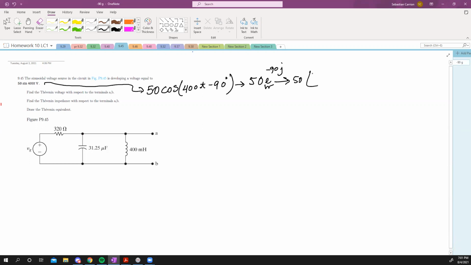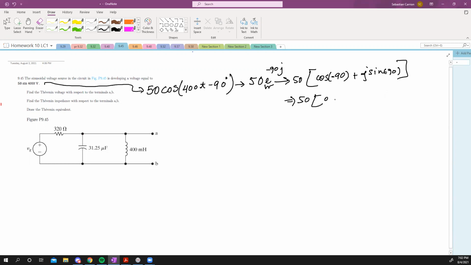So we can grab this portion of it. We have 50, and we got cosine negative 90 plus negative j sine of negative 90. So this translates to this.